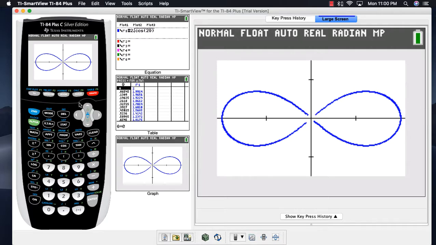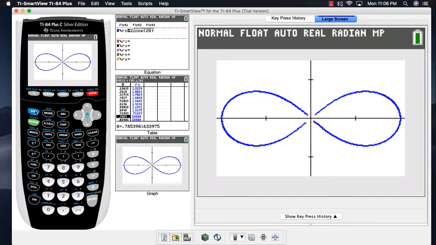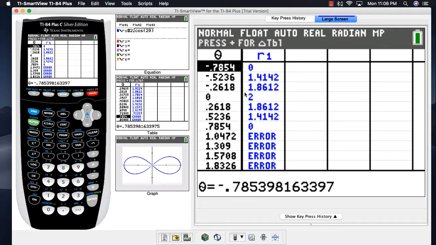And if we go ahead and take a look at the table here, so if I click Second Table here, I went ahead and picked some values here that would work for me. Now, you might be wondering where these decimals are coming from, but notice I get a value of 0 here at this crazy decimal, negative 0.7854.